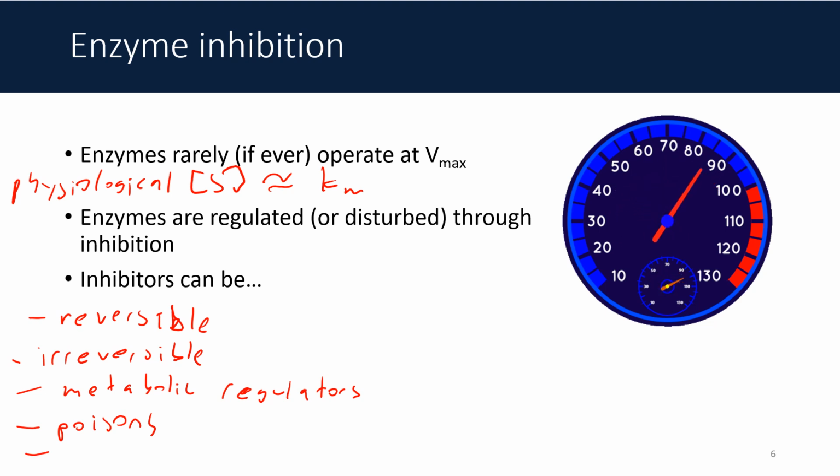Then there's also medication. A lot of medicine constitutes inhibitors that tamp down maybe a reaction that's gone out of whack, or it inhibits a key enzyme in a pathogen that's hurting us.